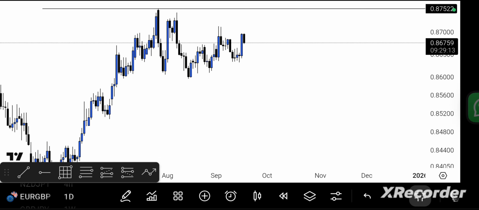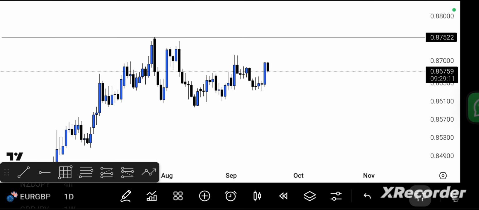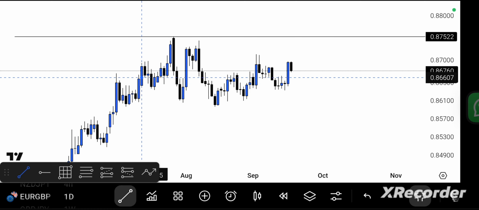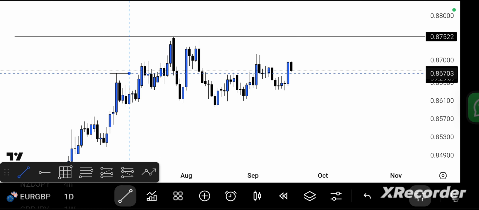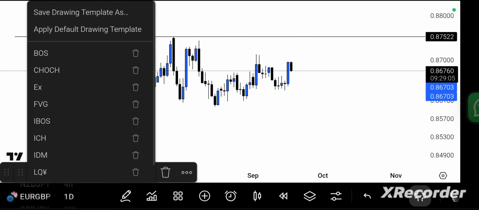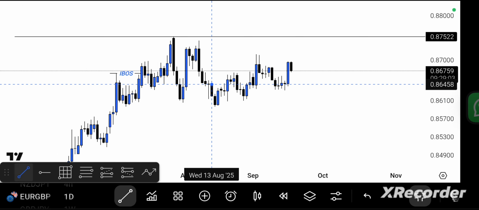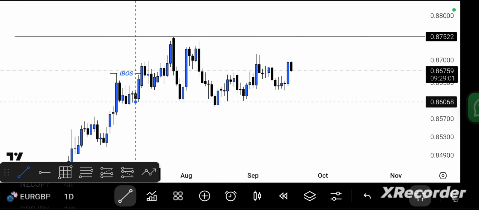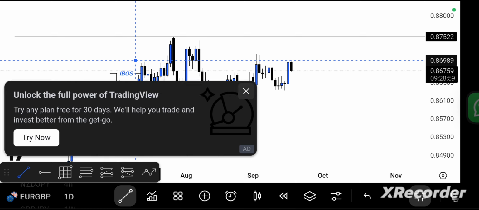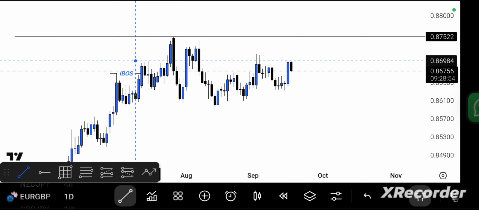All right, so on the daily time frame, is there anything we can see? Yeah, there is something. I can see that the market gave us a break of structure to the upside. So for this case, we call it an IBOS. There is no internal inducement, so I'm going to call this an extension. When I jump down to the 4-hour time frame, it's going to be very clear.